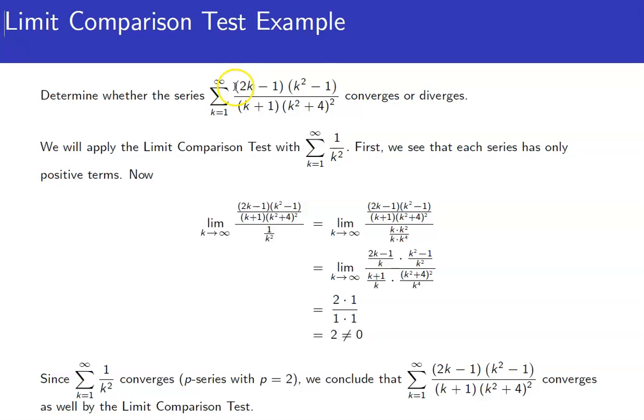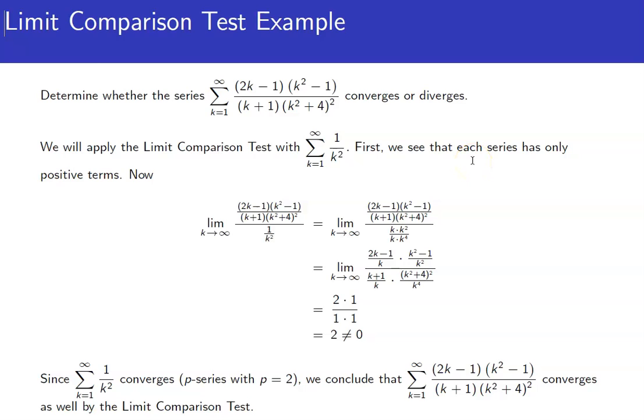If you were to multiply out the numerator, you're going to get a 2k cubed as your highest degree term. So in particular, I'm looking at k cubed on top. On bottom, if I multiply everything out, k squared will be k to the 4th, times another k gives you k to the 5th. So as k gets really, really large, this fraction behaves like k cubed over k to the 5th. And that simplifies to 1 over k squared. So that's where that 1 over k squared came from.